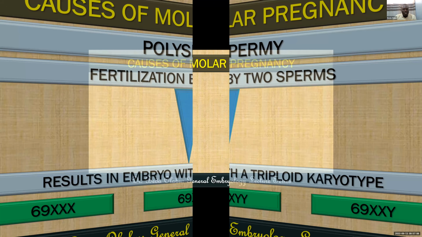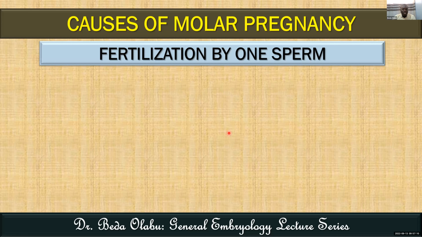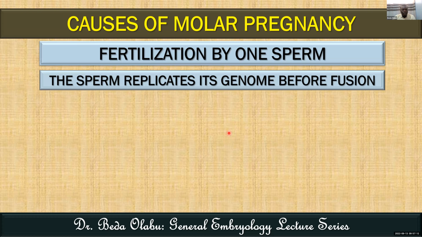The second mechanism is that an oocyte may be fertilized by 1 sperm, but the sperm that is fertilizing the oocyte replicates its DNA. It enters into the S phase before the fusion of the genome occurs.